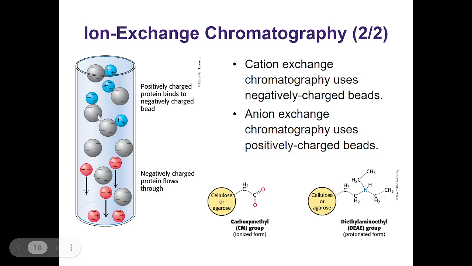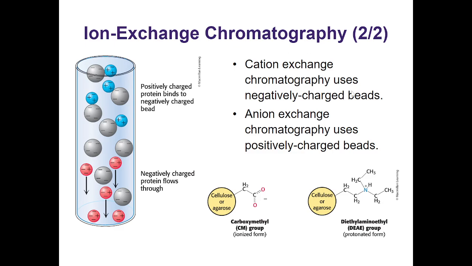Typically you'll have magnesium or something in here, and those ions will get released when the protein sticks and come out through here. And so you can then reverse it by putting in salt. The salt then sticks to your beads and your protein comes out, right? Notice the overall negatively charged ones pass right through and come off first.